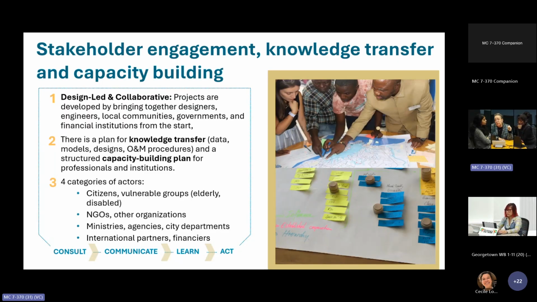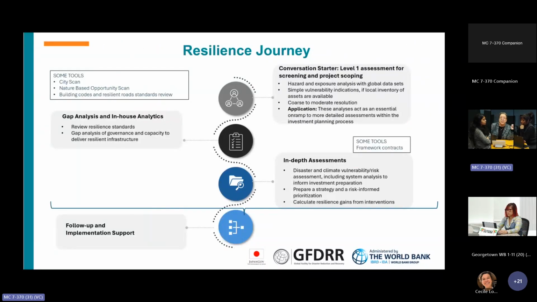So how we involve the different stakeholders and tailor the solutions according to this participatory process, from the initial design process to the knowledge transfer and the capacity for the longer term sustainability and some other critical factors. So in this journey, as I mentioned, we normally start with a conversation starter during the scoping of the project.